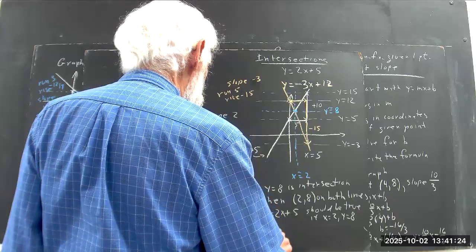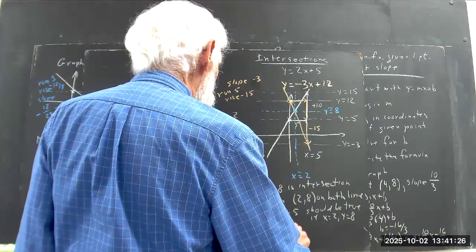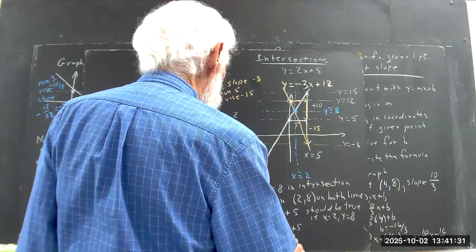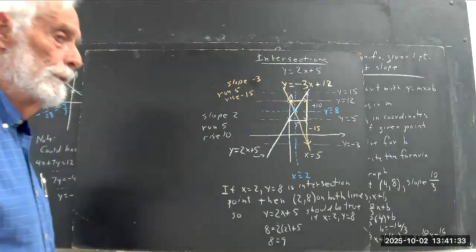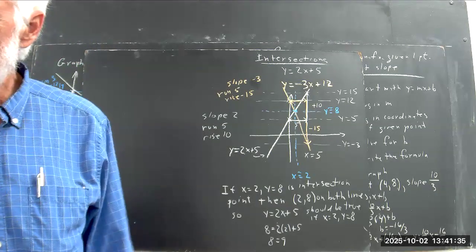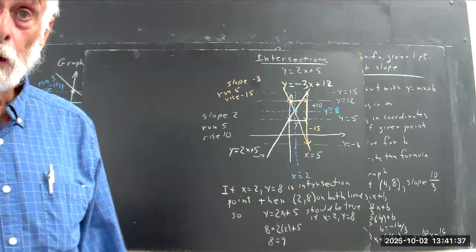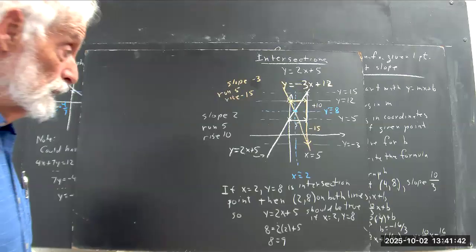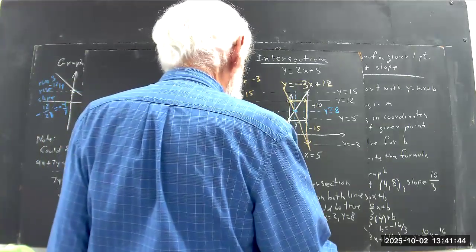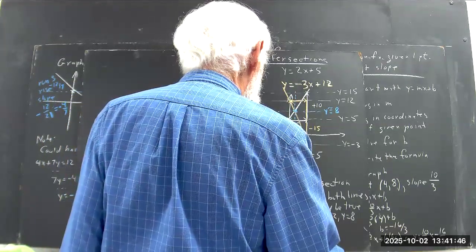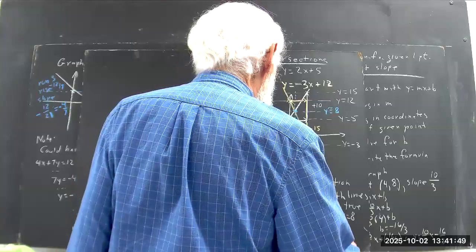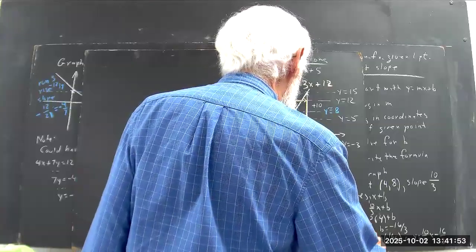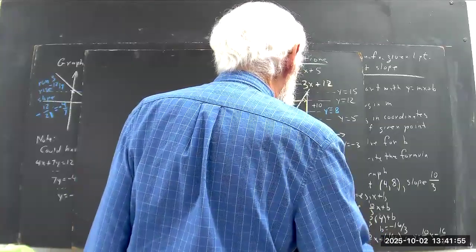That means that 8 equals 2 times 2 plus 5. 8 equals 9? Does that equal 9? No. Is it close? Yeah. Totally different by a little more than 10%. So it's close, but not exact.